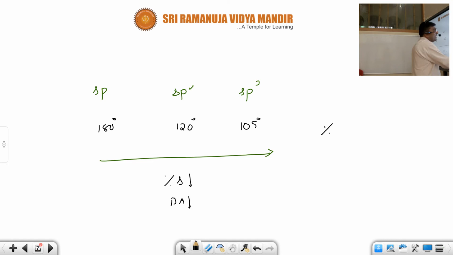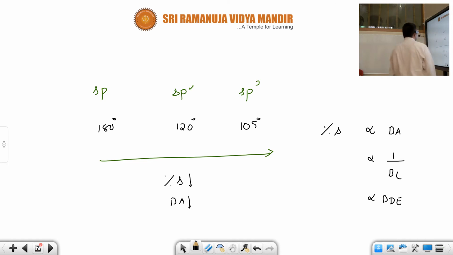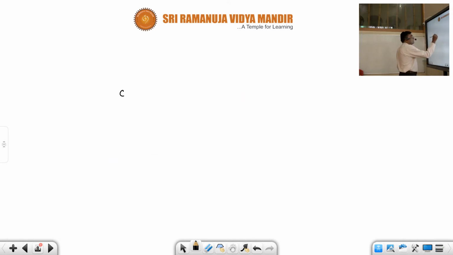That's why percentage of S character is directly proportional to bond angle, inversely proportional to bond length, and directly proportional to bond dissociation energy, because a triple bond is difficult to break. For example, if you take C triple bond CH, C double bond CH, C single bond CH.